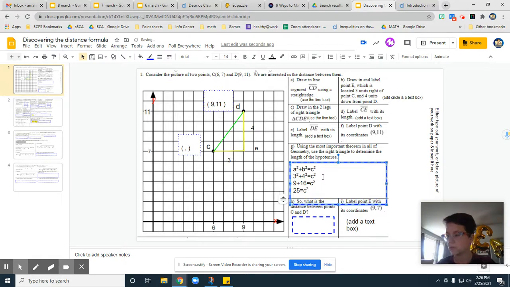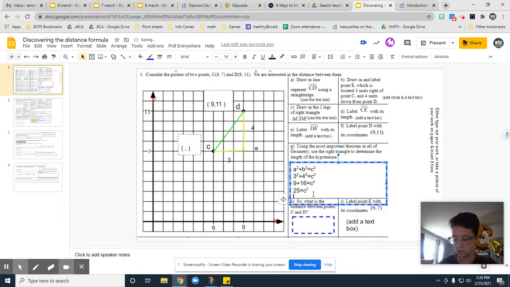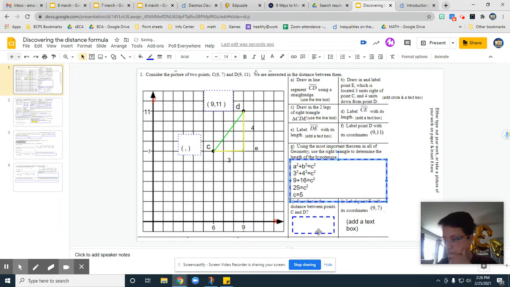Well, the square root of 25 is 5. Good gravy. Sorry, guys. C equals 5. So we know that length CD has to be 5. So what is the difference between point C and D? 5.